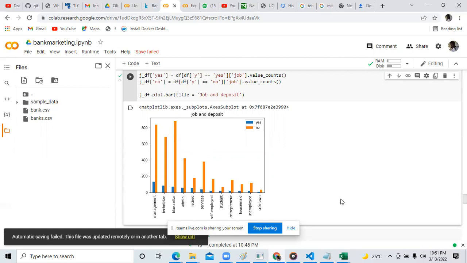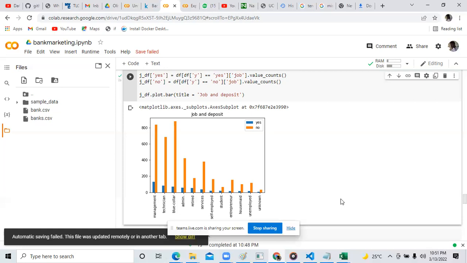So most people that are in management that have blue collar jobs, they deposit more. Okay, no, sorry, they do not deposit so much. Okay, go on. So at least let's compare those that said yes.